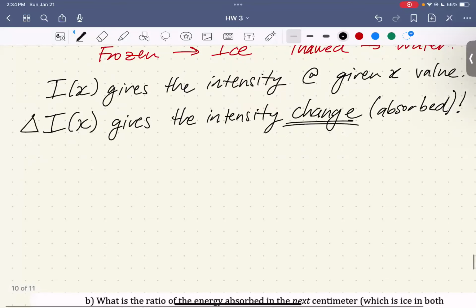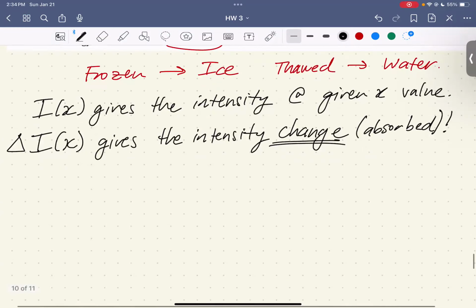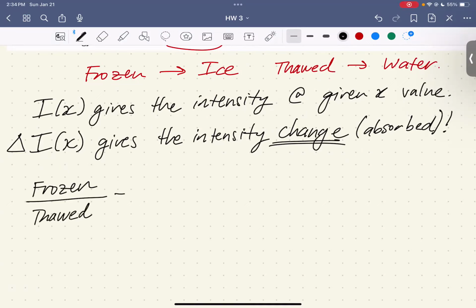So what does that mean here? That means, well, always we need to first see what the question is asking, and it's asking for a ratio from frozen to thawed. And it's really important to know what it's asking. So frozen to thawed. And what does that mean? That means the change in intensities gives us the energy absorbed. And we need to understand that usually when we write changes, we do final to initial.